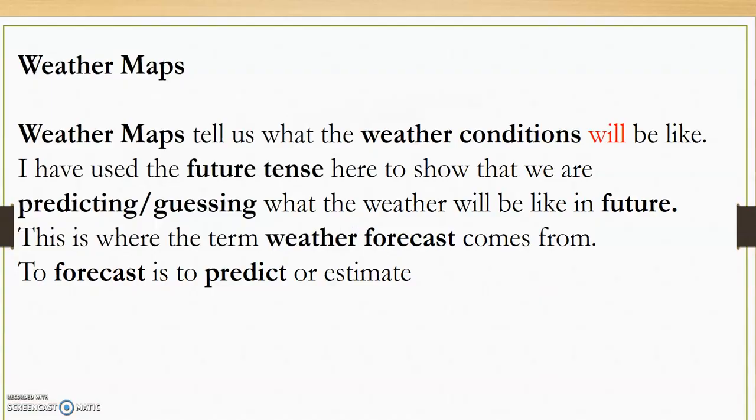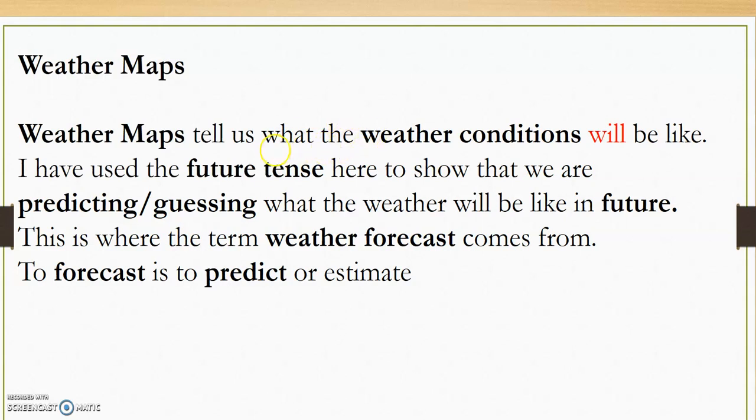Weather maps tell us what the weather conditions will be like. I want you to note that "will", which is in red. I've used the future tense. Yes, now remember we said our subjects intertwine. So there's English in geography, there's geography in science, and so on.